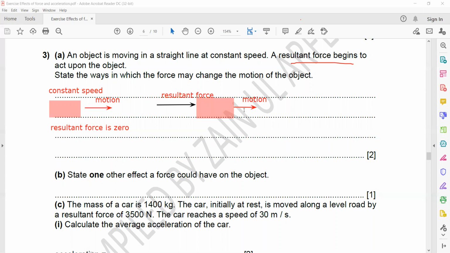Initially the object was moving with a constant speed. When there was no resultant force, now there is a resultant force acting on the object, same as the direction of the motion. So what will happen to this object? Will it accelerate or decelerate? If the direction of the motion and the direction of the resultant force are the same, what happens to the object?